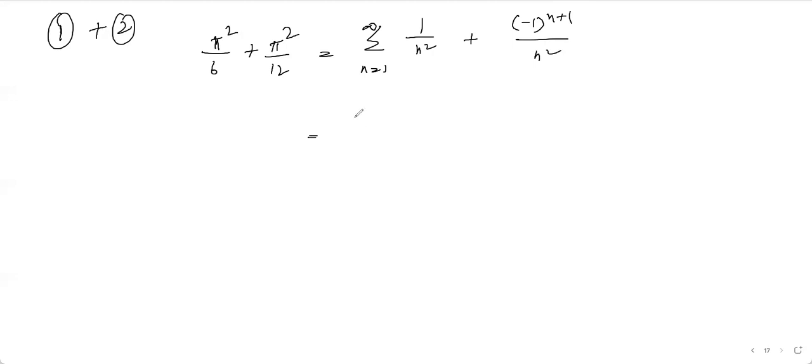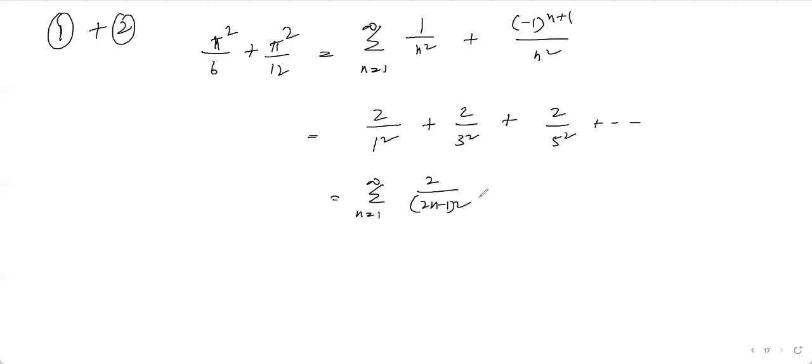We open the brackets and try to simplify it. This is 2 by 1 square, 2 by 3 square, and 2 by 5 square, and so on. Or we can write as summation n equals 1 to infinity 2 by 2n minus 1 whole square.